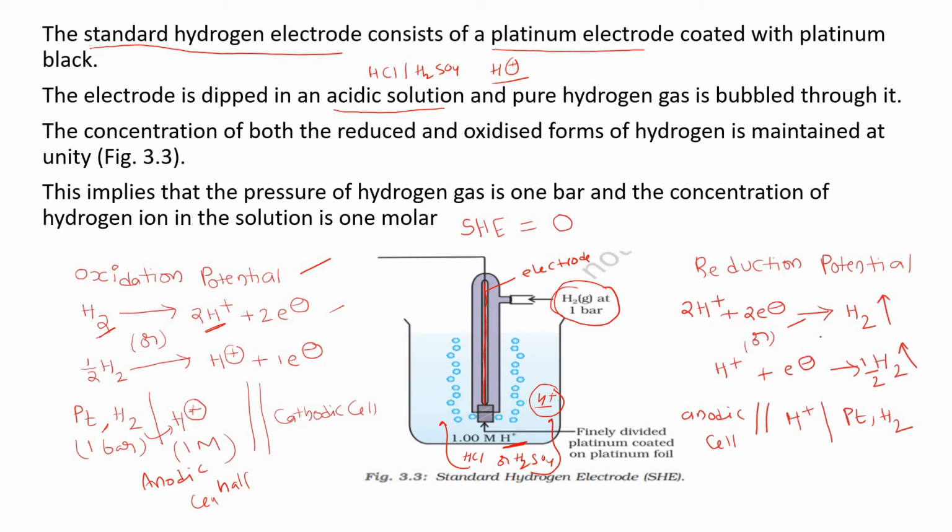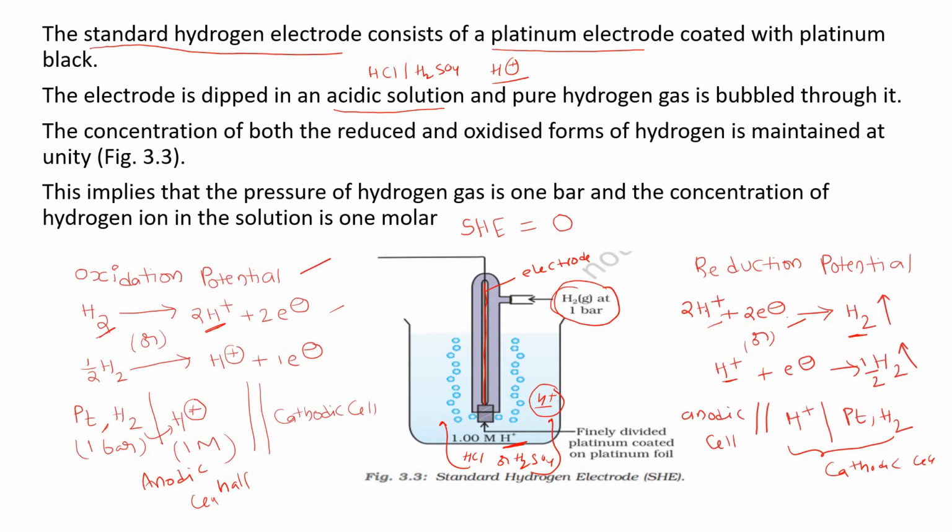Next, if you take acid, these H plus ions may undergo reduction. If you take 2 moles of H plus, we get 1 mole of H2; if you take 1 mole of H plus, we get half a mole of H2. Both you can write: H2 with 2 electrons, or half H2 with 1 electron. This is a reduction reaction, so reduction takes place at the cathodic cell.